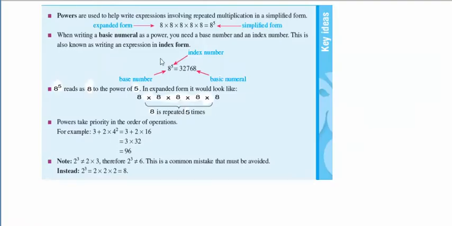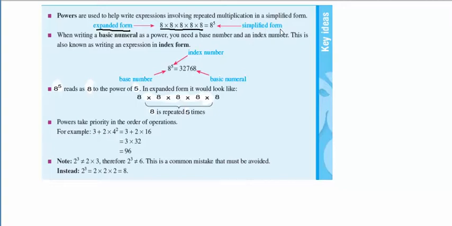Here are some of the notes that you need to take down. Powers are used to help write expressions involving repeated multiplication in simplified form. If you're asked to write it in expanded form, this is what it looks like: 8 times 8 times 8 times 8 times 8. That's the expanded form.